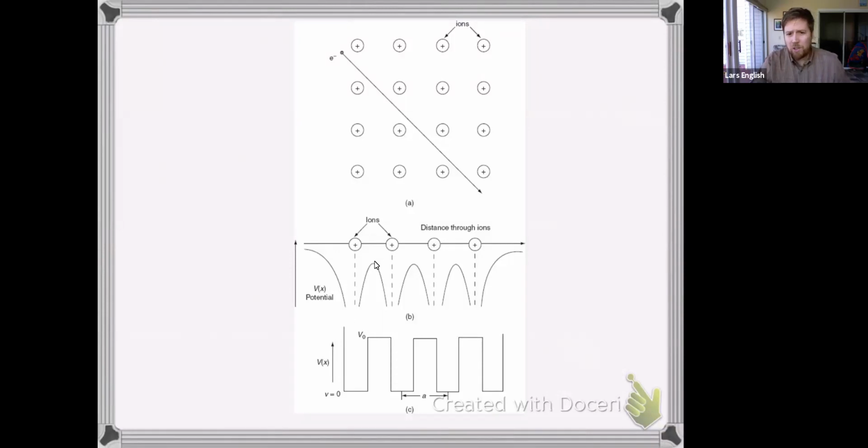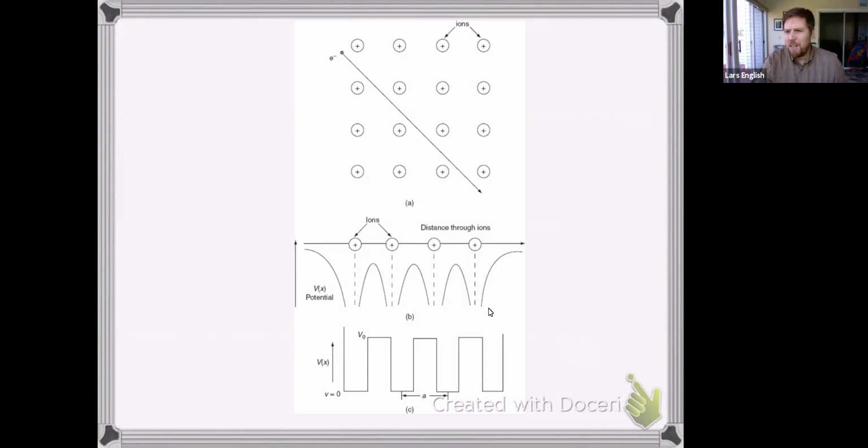And if the electron is in between ions, it's still negative, but not nearly quite so negative. And we get this kind of bumpy profile for the potential energy that the electron sees.